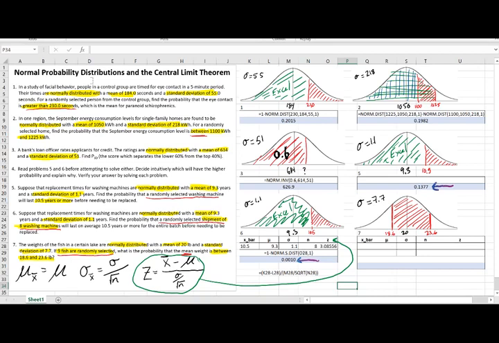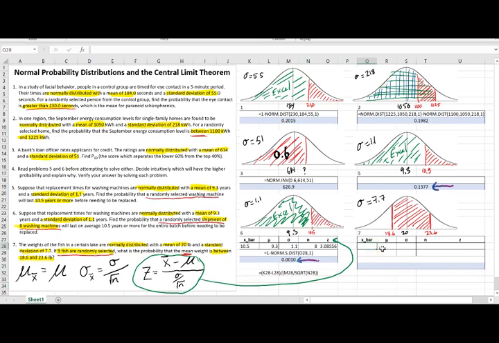And again, we have to take this approach because Excel can only work with all of the area to the left. So we just have to work within that context. Now just keep in mind, when we determine that we have to apply the central limit theorem, we must convert to z-scores.